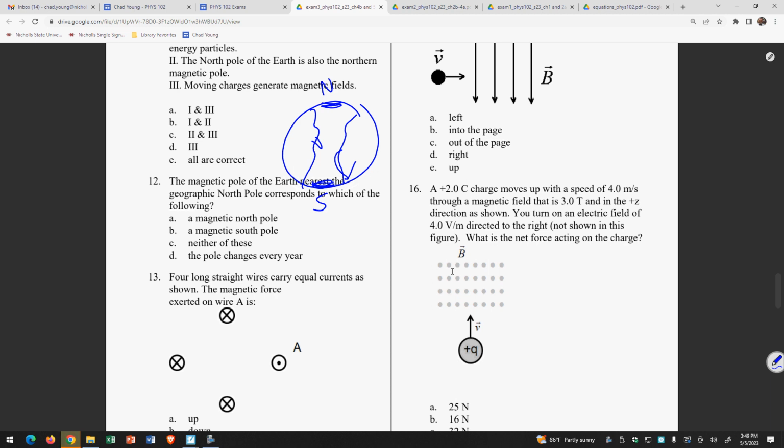But if I think of the Earth as being like a big magnet, the southern end of that magnet is up top, and the northern pole is at the bottom. So when I use a compass, and I have a little compass right here, the North Pole points towards the northern geographic pole, and the South Pole points towards the southern geographic pole. And that's why we call those North and South poles on a compass.